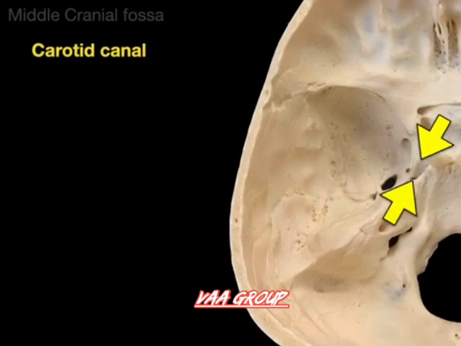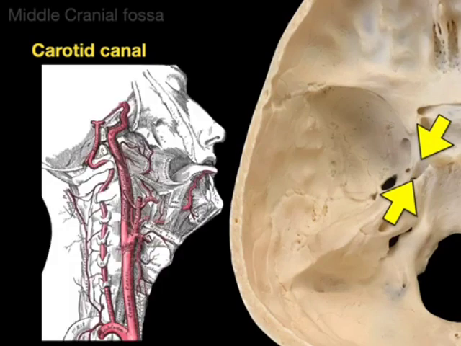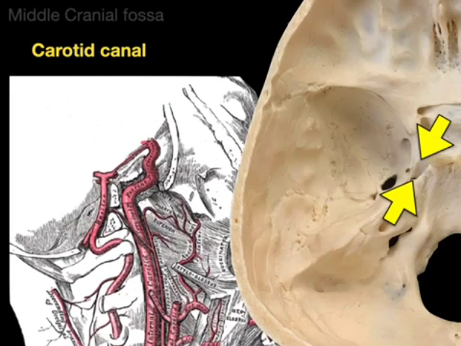Next is the carotid canal that's located right there. Now, the carotid canal, as a canal, goes from the bottom of the skull and then into the middle cranial fossa. So let's zoom in on this one, and there's our internal carotid artery.